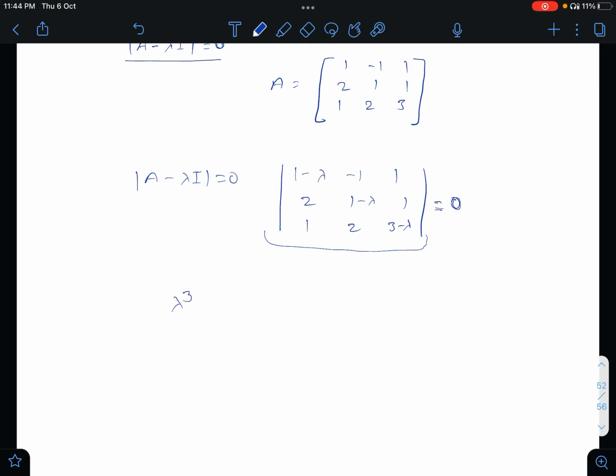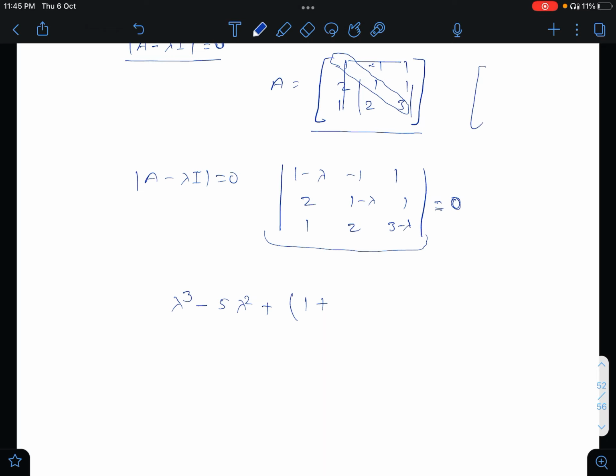It is lambda to the power 3, since it is of order 3 by 3, minus the trace of this matrix. The trace is 1 plus 1 plus 3, that is 5, times lambda square, plus the sum of the principal minors of this matrix. The first principal minor is 3 minus 2, which is 1.